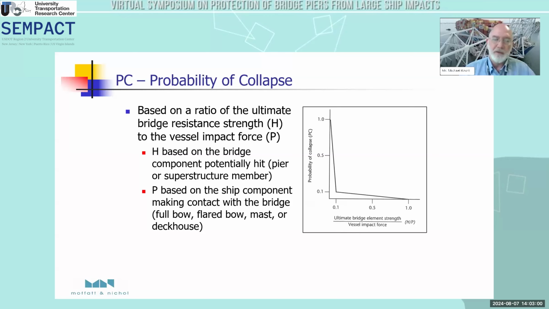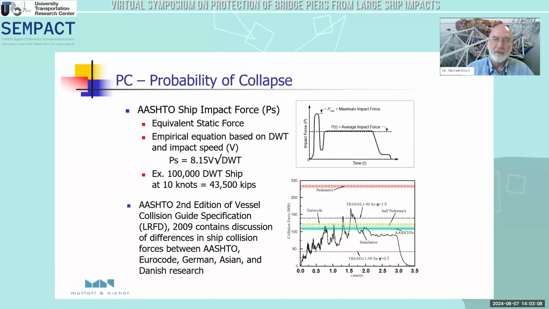And so it was the best approximation we had in developing the code on what a probability of collapse function might look like. The ship impact force is a very simple equation based upon speed and deadweight tonnage. Again, this is highly complex; one could put all kinds of equations with all kinds of sophistication to it, but this was a relationship that seems to work.